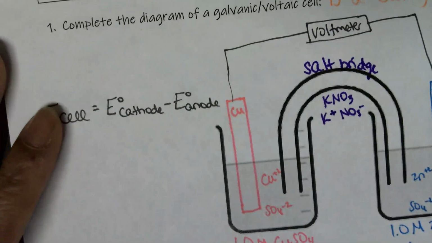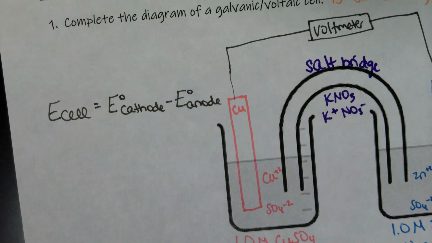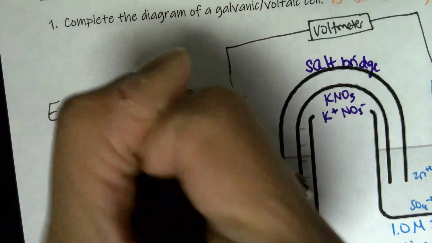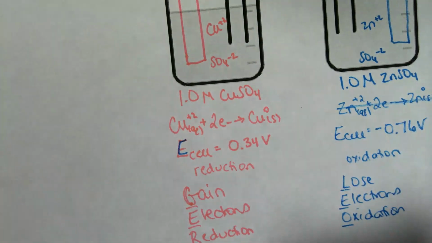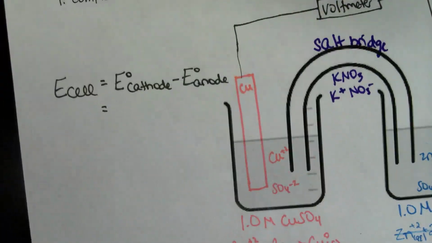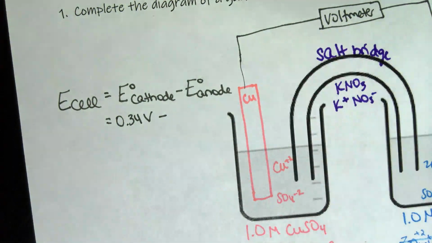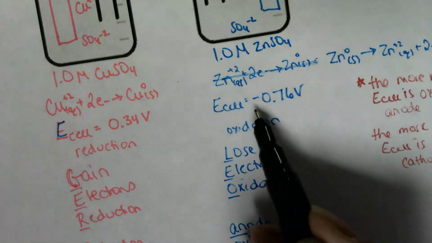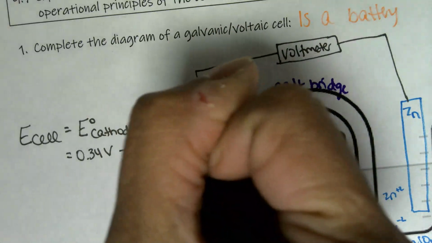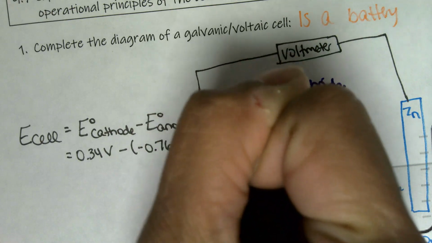But I like to use this one because I can just use the values straight up and not have to remember which ones were flipped. So the cathode, that is going to be the site of reduction. So that is 0.34 volts minus the anode, which is my negative 0.76 volts.